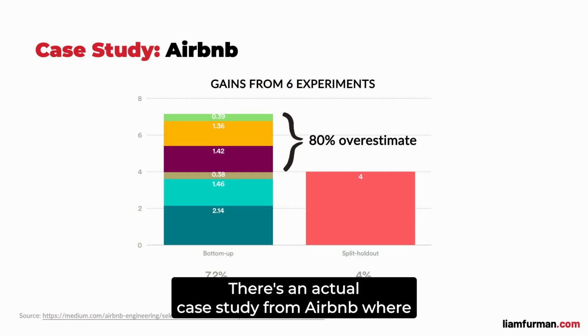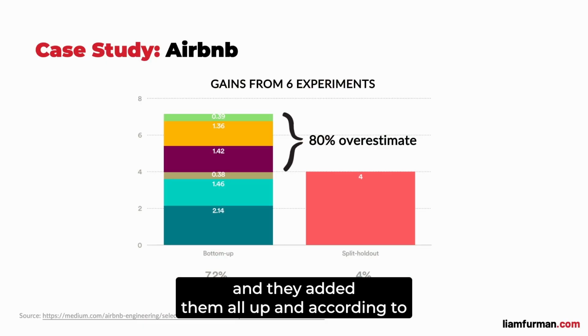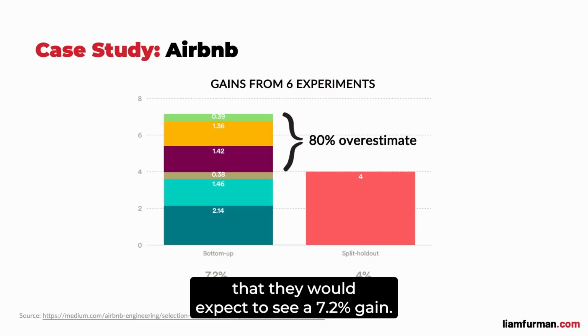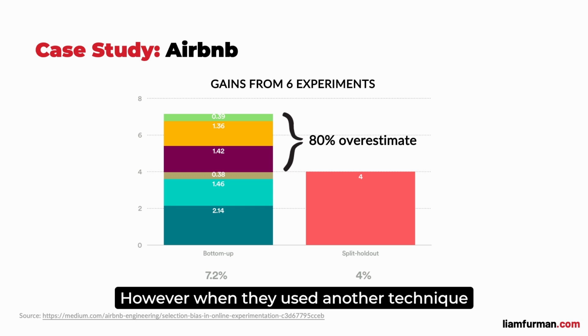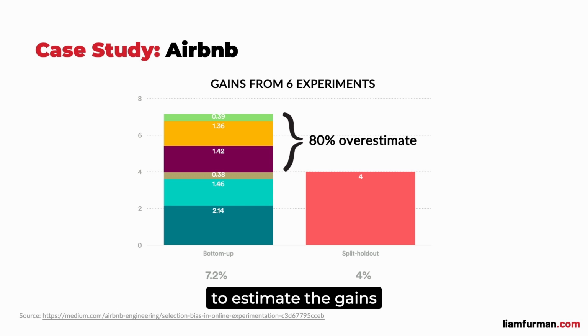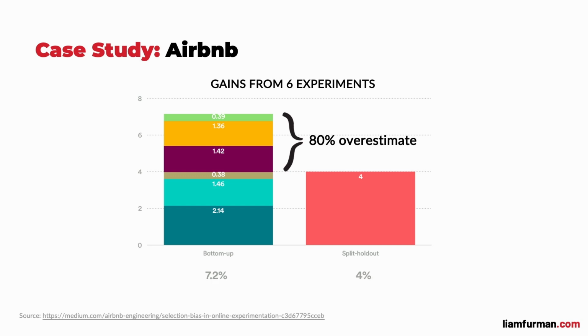There's an actual case study from Airbnb where they measured the gains from 6 actual experiments and added them all up. According to that, they would have expected to see a 7.2% gain. However, when they used another technique to estimate the gains more reliably and accurately, they measured that the gains were only 4%.